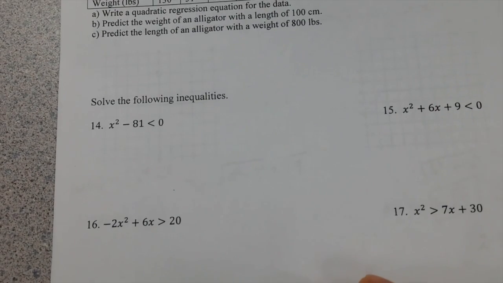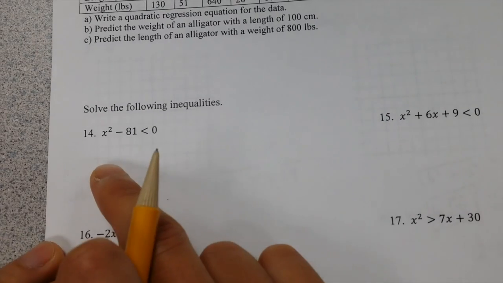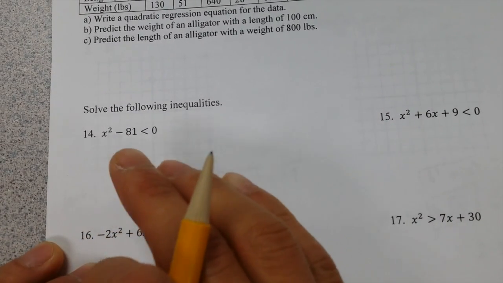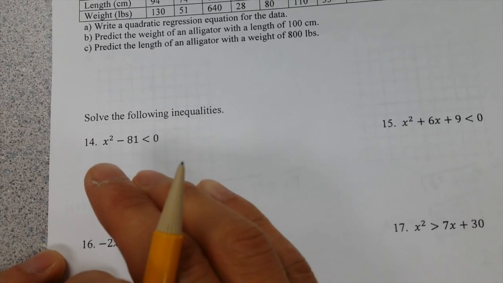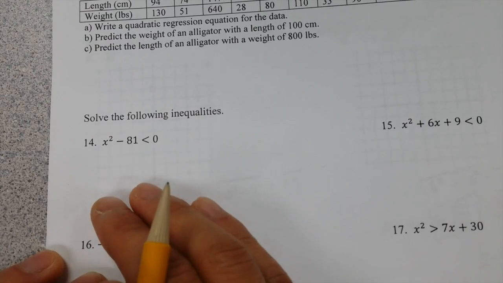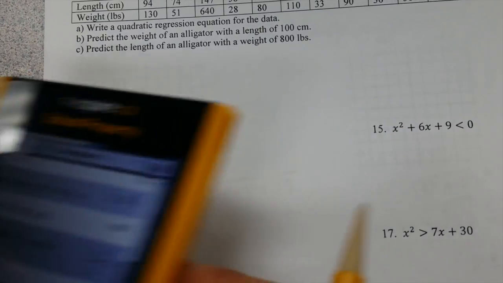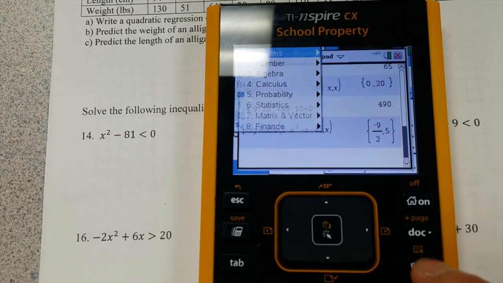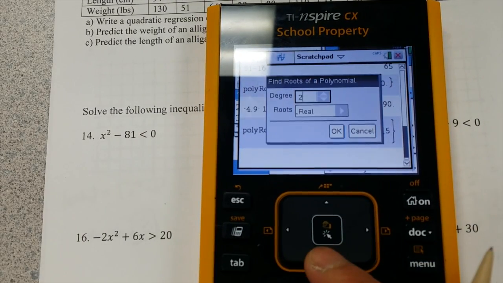Alright, to solve the following inequalities, first we have to find what x is, or what the value of x is if it's more than 1. Right? So we have to factor. The best, quickest, easiest way to factor is Menu 3 3 1 again.